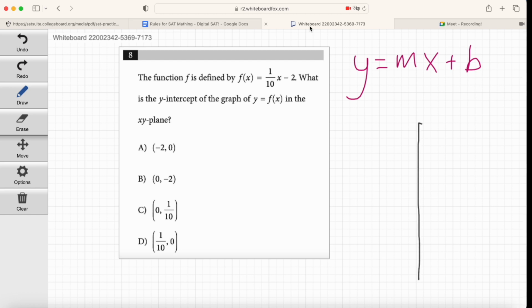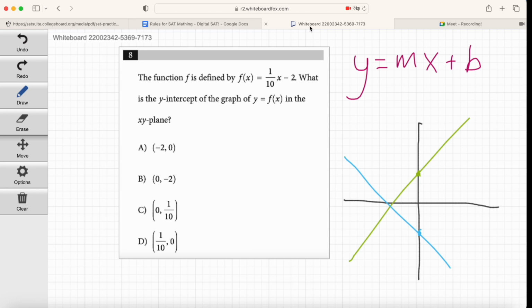And if you draw any line, doesn't matter what it is, like there's a line right there. Here's the y-intercept. What's the x value at that point? The x value is 0. Always. Doesn't matter what line you draw. You draw another line here. The x value at the y-intercept there is also 0.